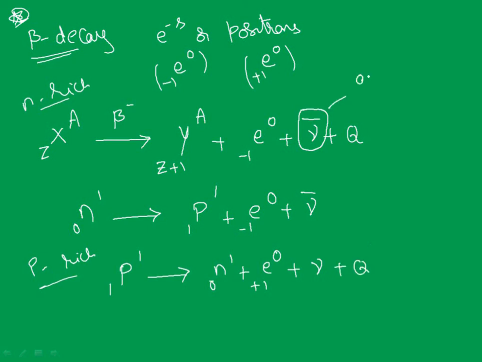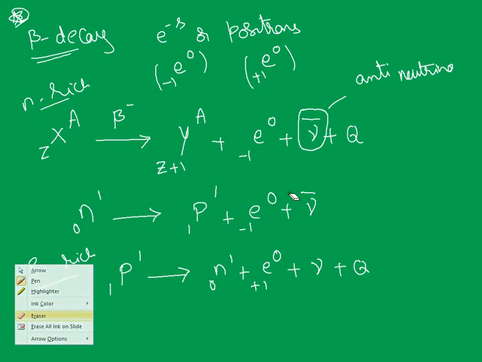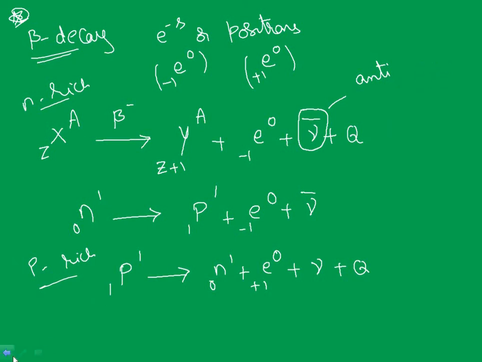Here nu bar is called antineutrino, and here nu is called neutrino.